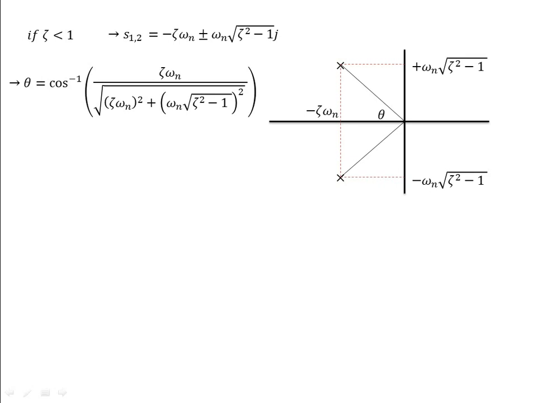If we simplify this denominator, we will get theta equal to cosine inverse of zeta. So from this relation, you clearly see that the location of poles is directly related to the damping ratio, and the length of the poles is related to omega n.